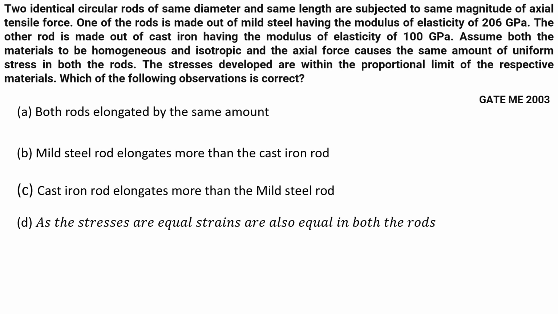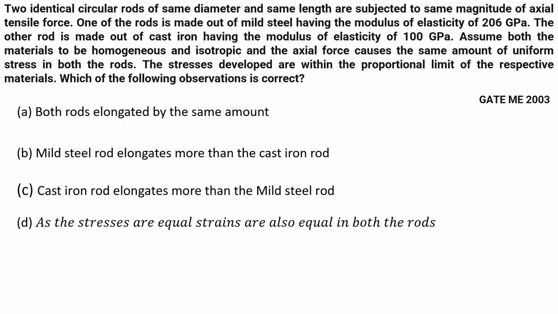Two identical circular rods of same diameter and same length are subjected to same magnitude of axial tensile force. One of the rods is made out of mild steel having the modulus of elasticity 206 GPa. The other rod is made out of cast iron having the modulus of elasticity 100 GPa.